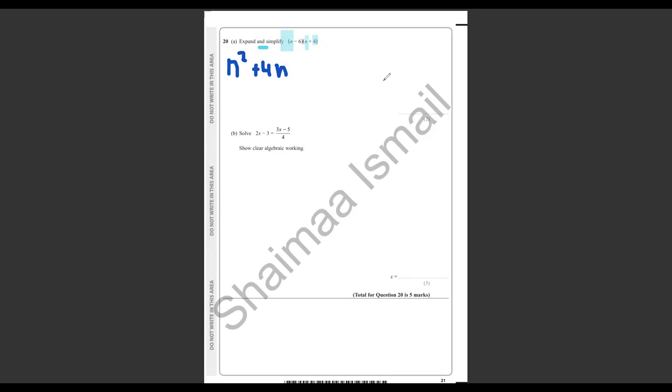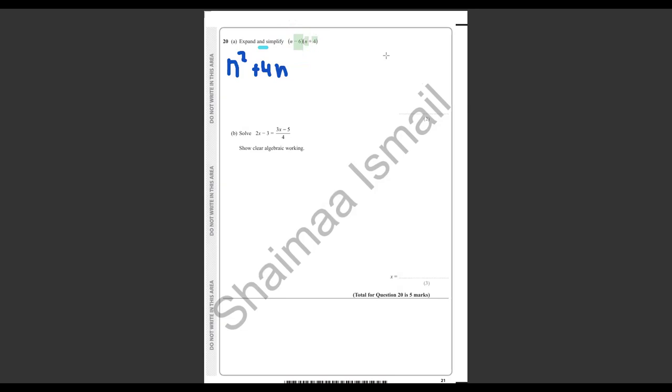Then we are going to move to the next part, which is the negative 6. And I merge the sign with the numbers, and I take this negative 6 and multiply it by n, then by 4. Don't forget this, we have a negative sign.